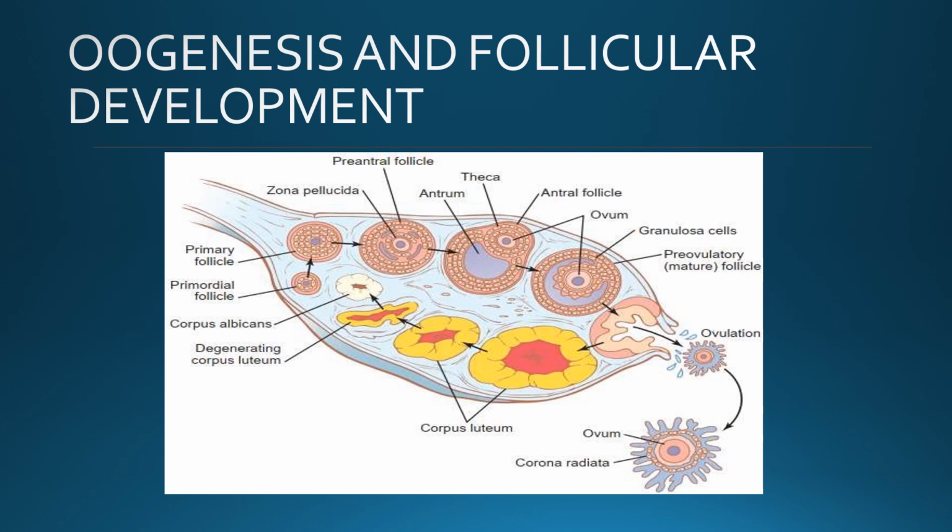Then you can see the granulosa cells and the pre-ovulatory or mature follicle, also called the Graafian follicle. During ovulation it releases the ovum, which has the corona radiata, and after the release of the ovum the follicle is converted to the corpus luteum, then degenerates into the corpus albicans.